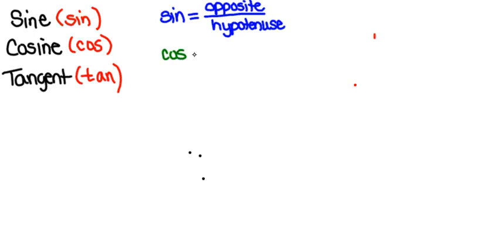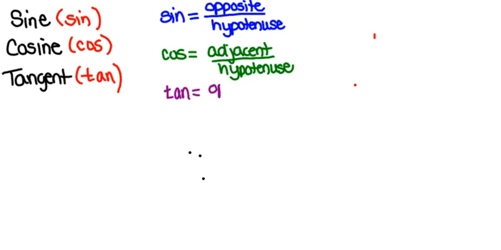Cosine is just the ratio between the adjacent leg and the hypotenuse. And tangent is the ratio between the opposite leg and the adjacent leg. And you have to memorize these. That's the bad news.